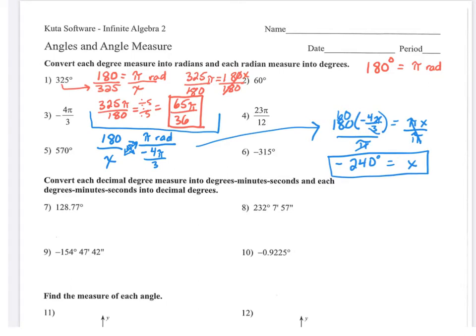Okay. So this next part we haven't talked about at all: converting decimal degree measure into degrees, minutes, seconds. Think of it this way, like on a clock.